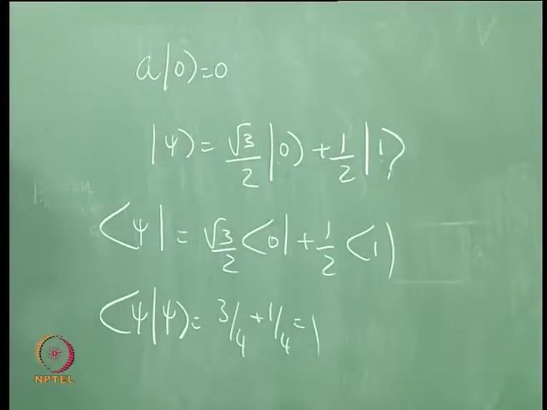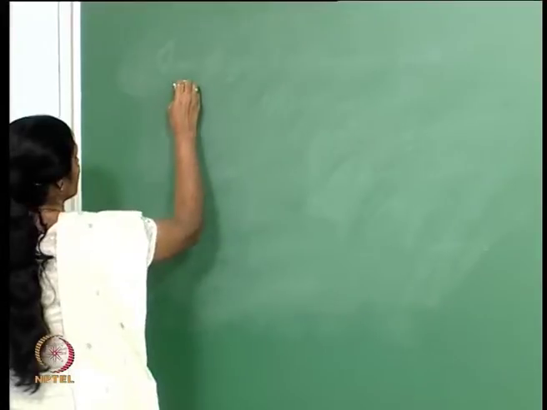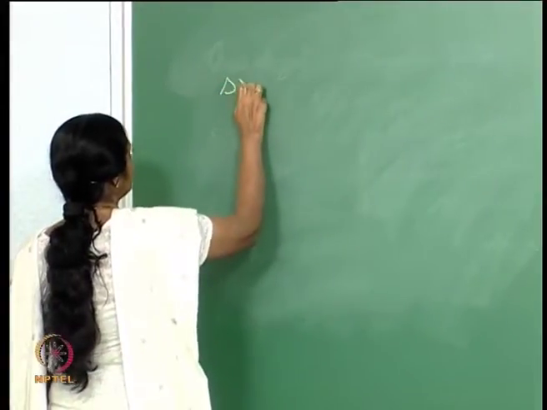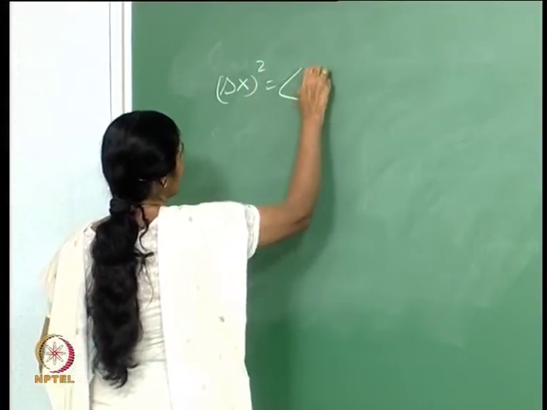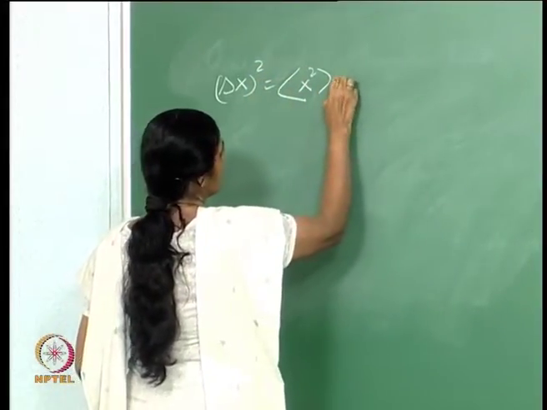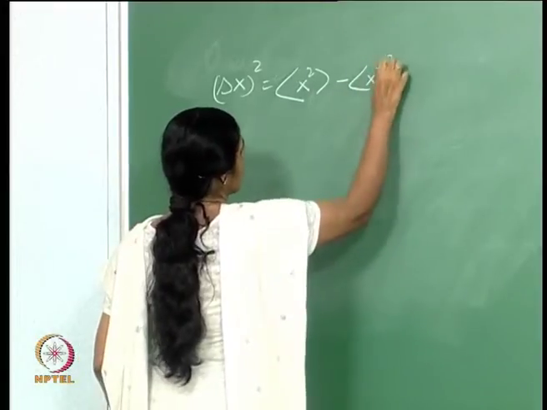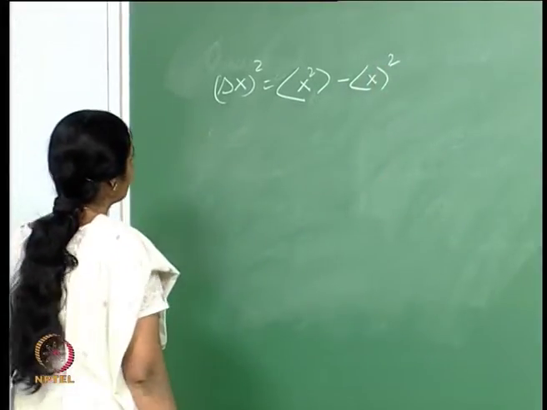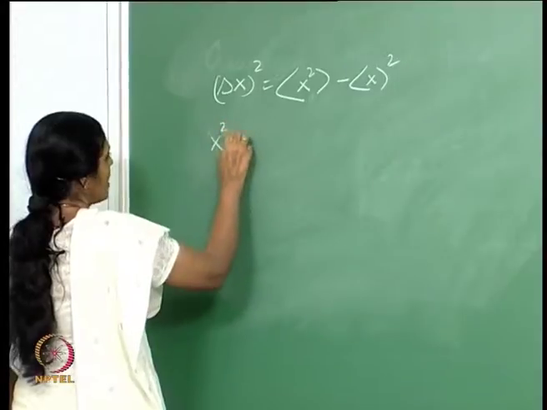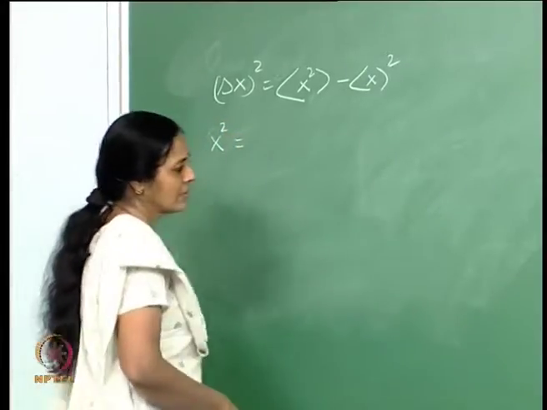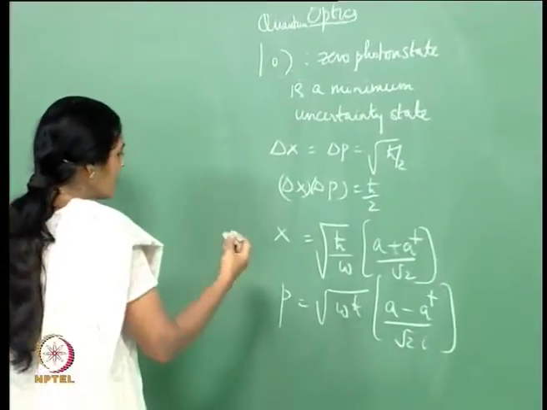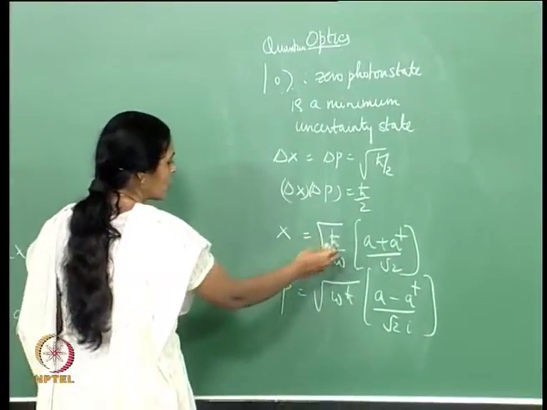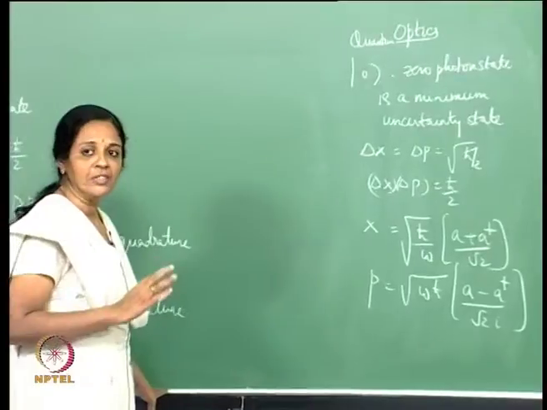Let us compute delta x and delta p in this state psi. So first of all, delta x squared is expectation value of x squared in this state minus expectation value of x the whole squared. So I start with x squared. Suppose I set h cross and omega equal to 1 for convenience.